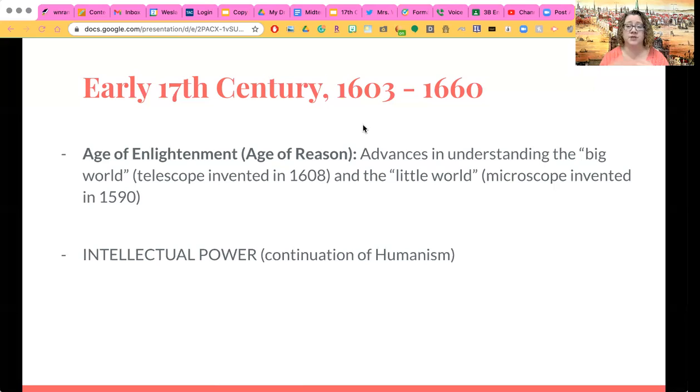Let's create tools to help us view our world and understand what surrounds us and what's out there. And so the Age of Enlightenment is kind of like a natural continuation of that idea, using their intellectual power to start thinking about scientific endeavors.